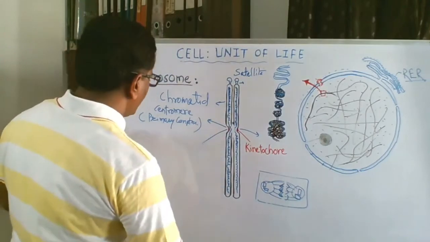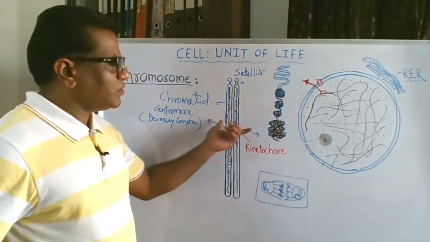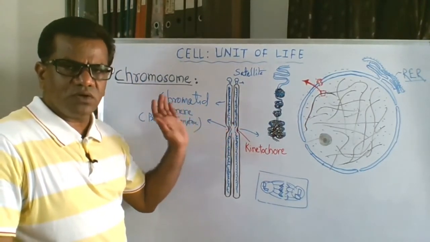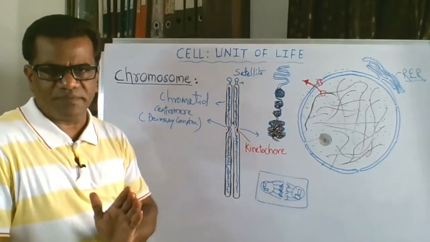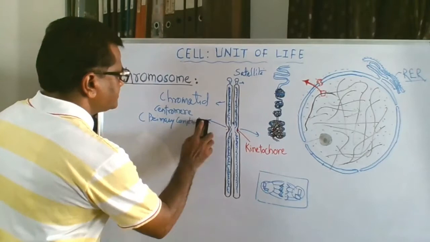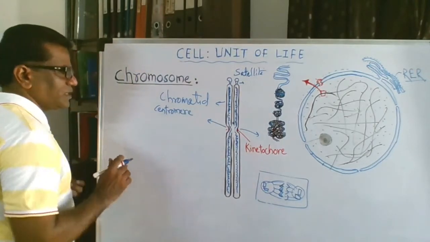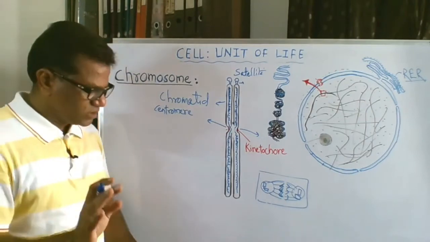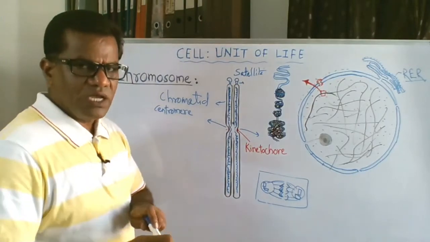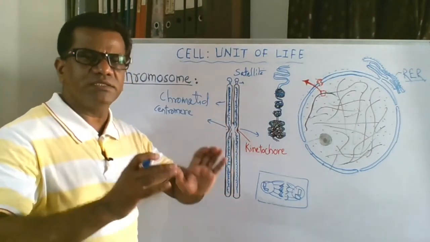So the primary constriction, or centromere, is present in the chromosome. Now due to this centromere, the chromosomes are of different types. They are categorized into 4 different types. Let's see what those types of chromosomes are, based on the position of the centromere. The centromere is very important because it holds together the two chromatids.